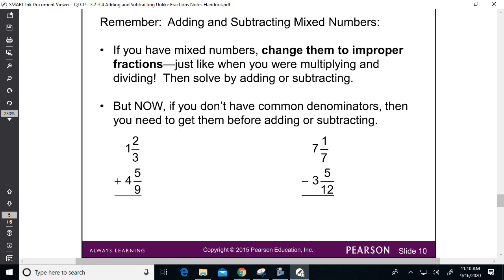So, for the two examples that you see here, you would first change them to improper fractions. That's 41 over 9. And then change the denominators so that they're the same.